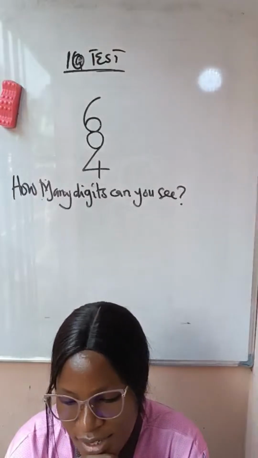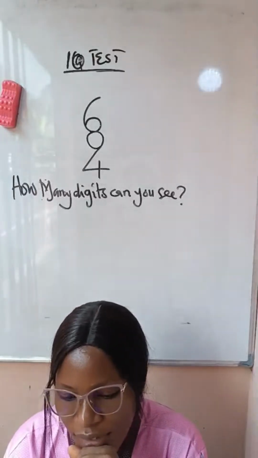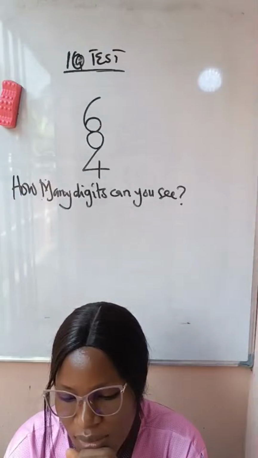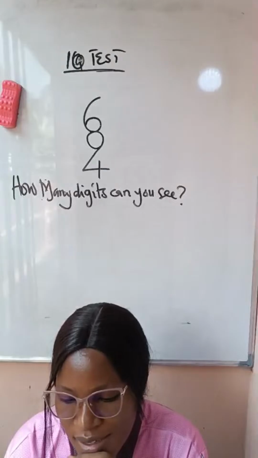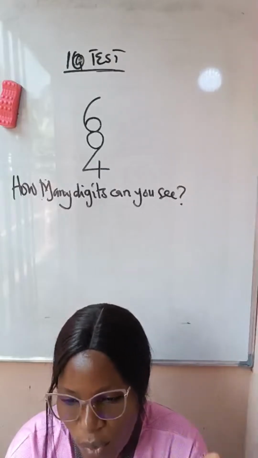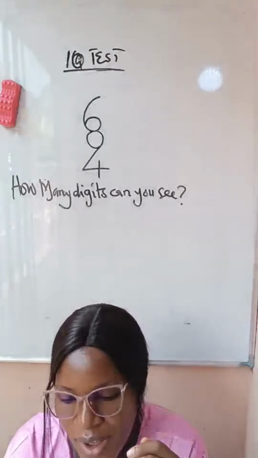Add 0, this is 9. Okay, that is Godwin. Okay, Hamster says, I see 6, 8, and 4. Yes, these three are very obvious.